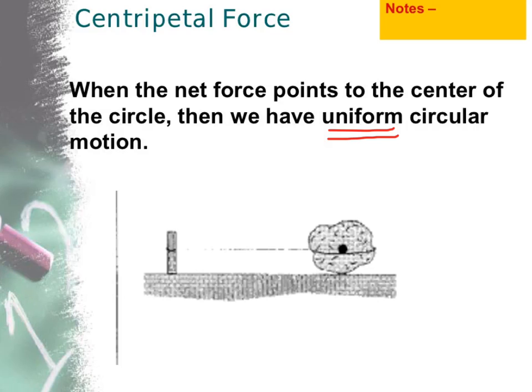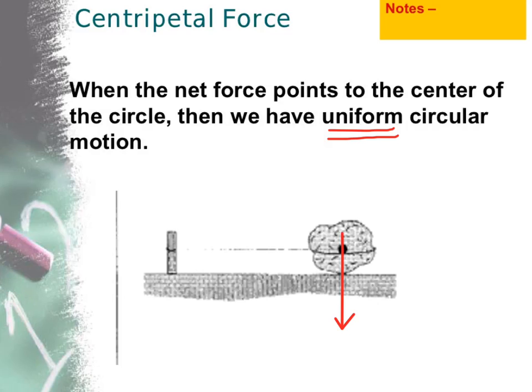Okay, so in this figure, we are actually looking at the circle from the side view. Let's draw a free body diagram and see what forces are acting on this rock. We have the force due to gravity, which is pulling downward on the rock.